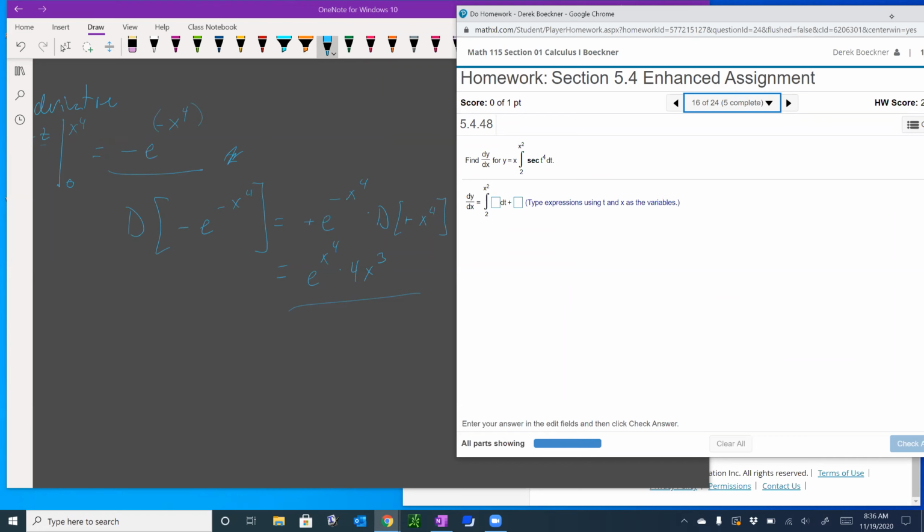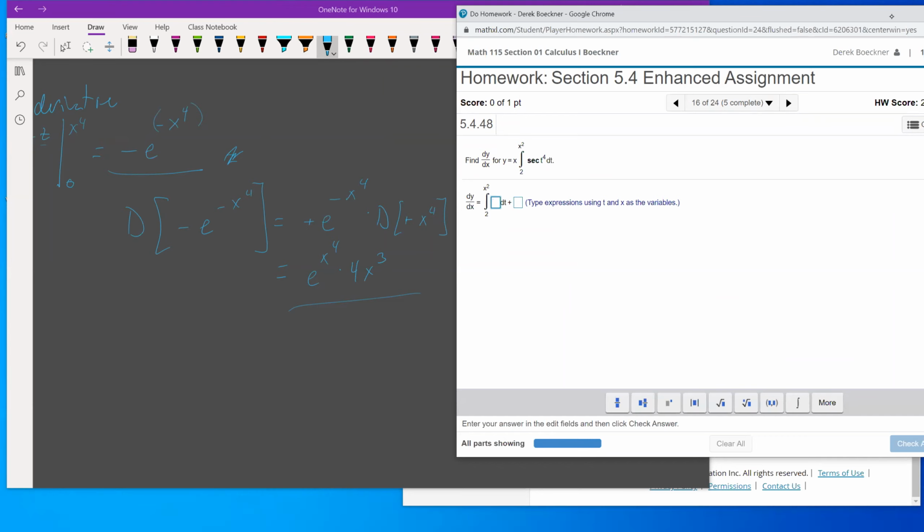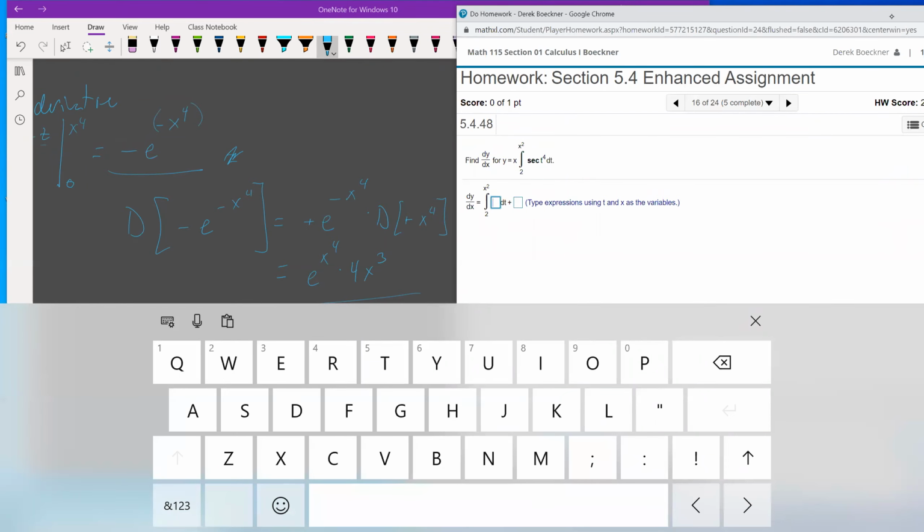So the inside expression is going to be a t thing because it goes into the integral, which has t as its variable. But the outside, after you've completed the integration, is going to be a function of x. So outside, you're going to be using x. Does that make sense? So right now, I'm going to use the product rule.